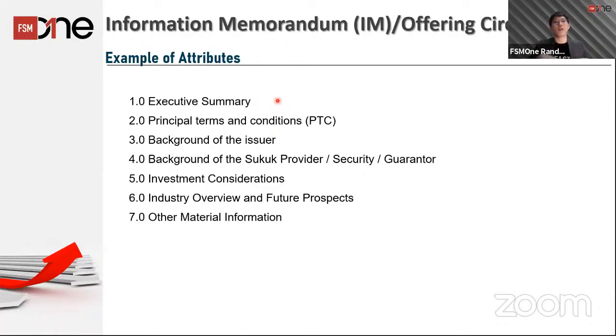Okay, but if you want to know more about the bond deal and the bond structure, I also strongly suggest you go through the PTC section. Like I said, the PTC section specifically highlights the deal structures and also the T&C, the terms and covenants for the issuer to follow and comply with.